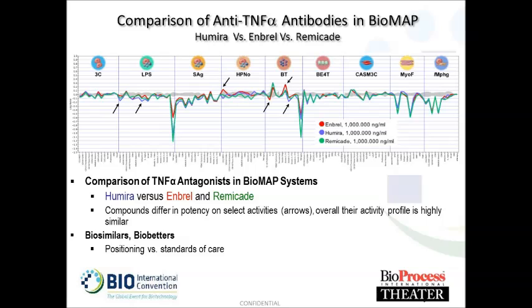This is a profile of 3 different anti-TNF antibodies. These are 1 microgram per mil, selected for the same concentration of Enbrel, Humira, and Remicade. Right? And certainly these molecules differ in some minor aspects in where these arrows are in terms of the potency on select activities.